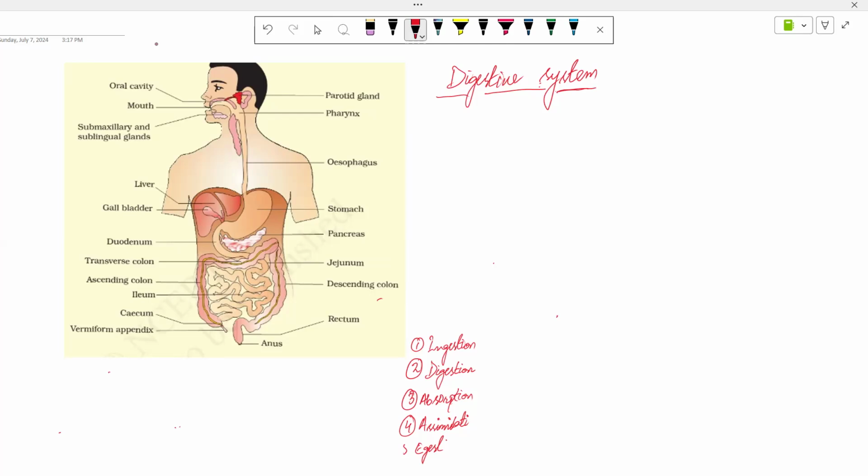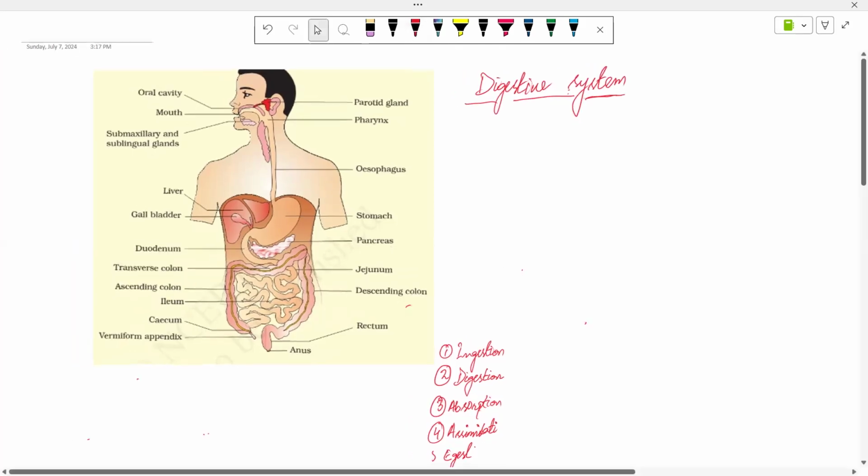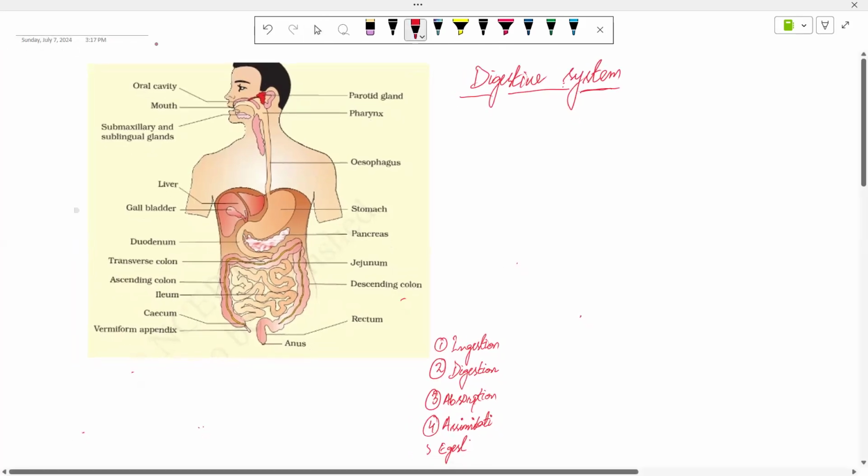So here the digestive system consists of the organs organized to perform digestion. What are the organs that help to support digestion?